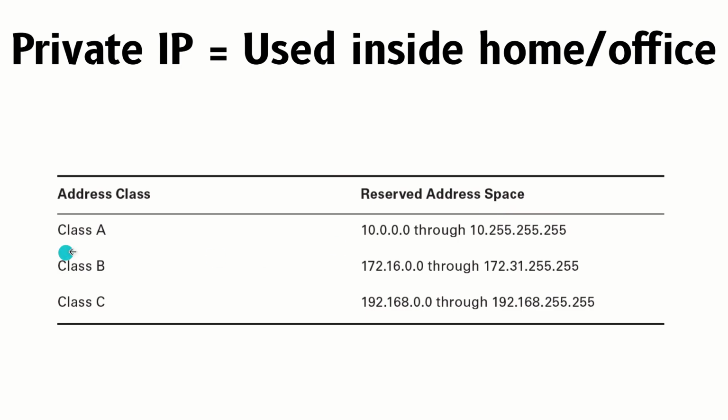In class A, 10.0.0.0 to 10.255.255.255 is the private range. 172.16.0.0 to 172.31.255.255 is the private range for class B. For class C, the range is 192.168.0.0 to 192.168.255.255. These are the private IP ranges for class C. These are the things which we can't use outside; they can only be used inside. That's why it's called a private IP.